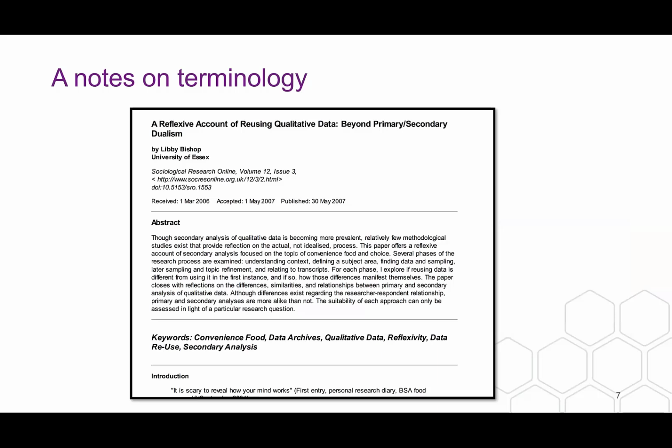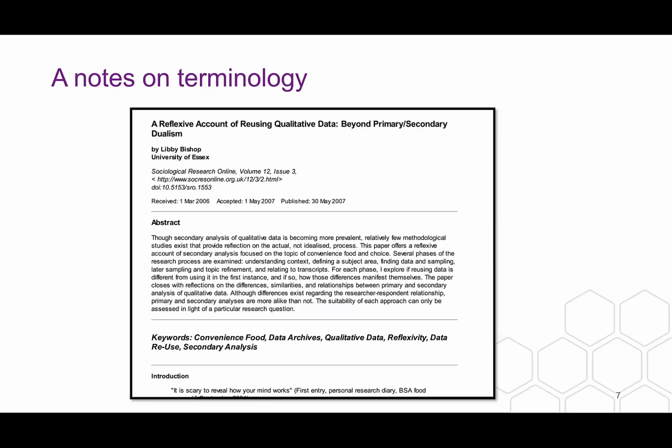But there is a complicated nuance here around terminology. You might have heard of other terms to describe the method, including secondary data analysis or reuse projects. And all of these are referring to, more or less, the same method. So don't get confused by this. But there is a little bit of an ongoing debate about what to call this method. In 2007, Libby Bishop wrote an article on the primary-secondary dualism.